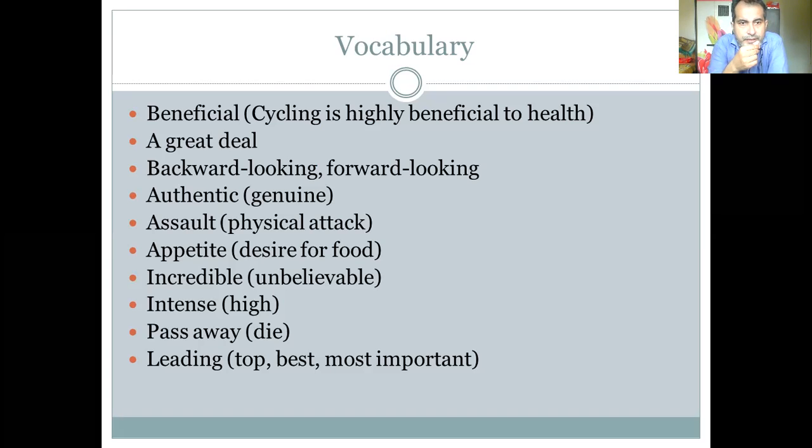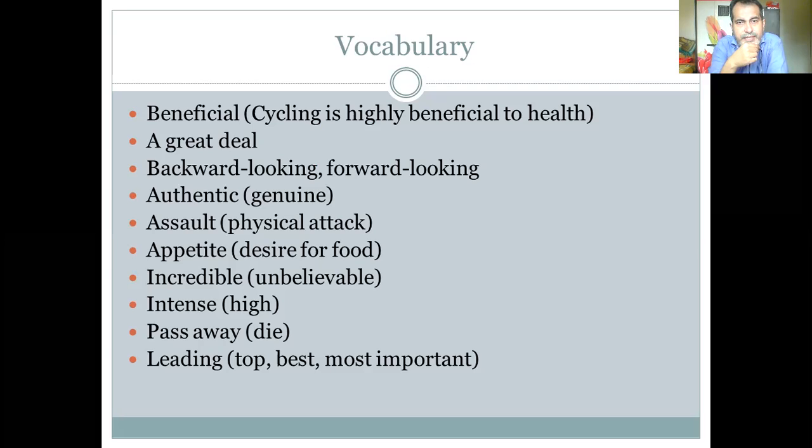Now, as I have told you earlier, we'll practice some vocabulary, 5 to 10 vocabulary every day, and we also will practice some new phrases every day, and these vocabulary and phrases you'll need at your HSC level. And also in your admission test, you'll find these words very helpful.